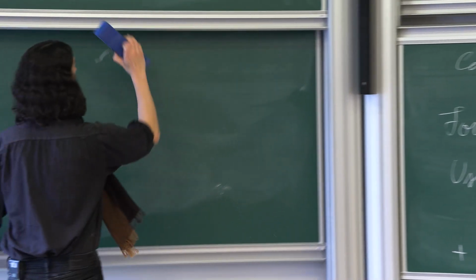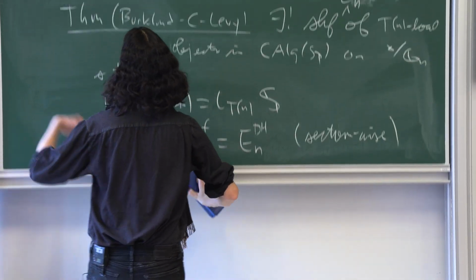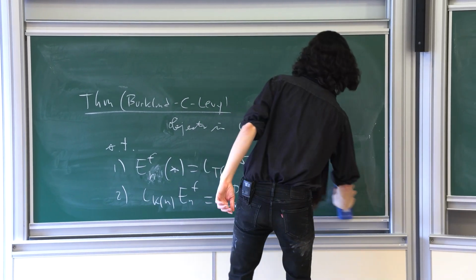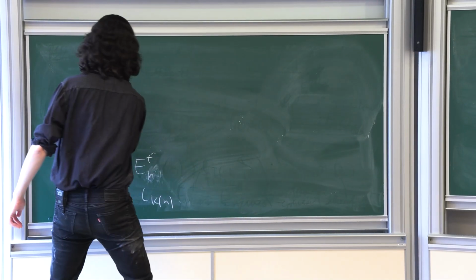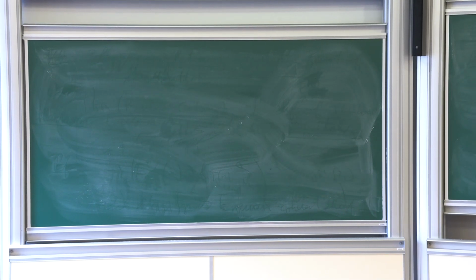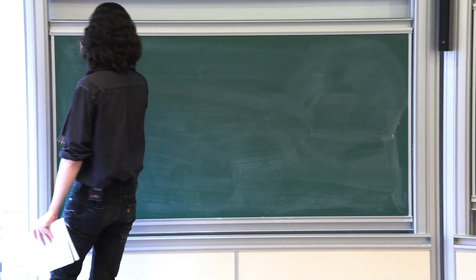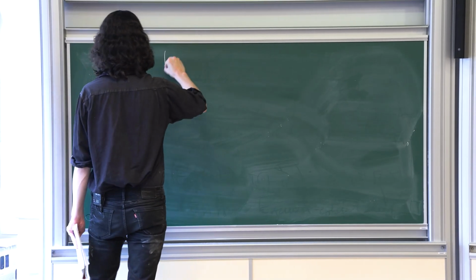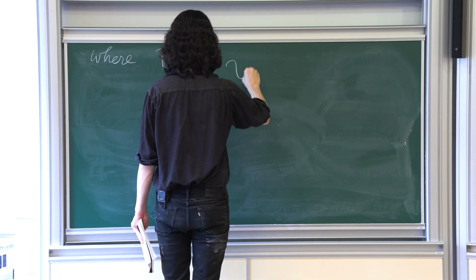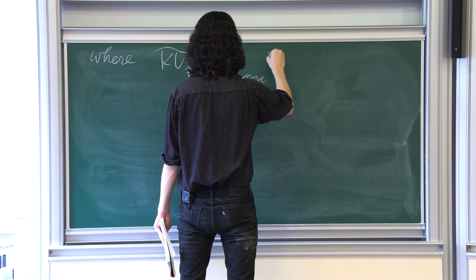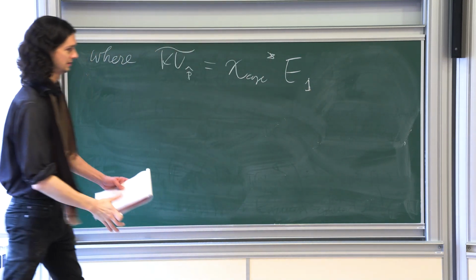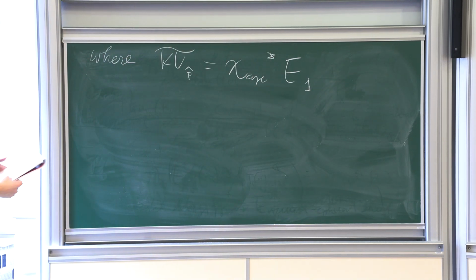But let me say it like this. Let me finish the statement. Okay, so where it is equal to, let's say, we had this E1 guy, which was, again, also basically p-adic complex K-theory.